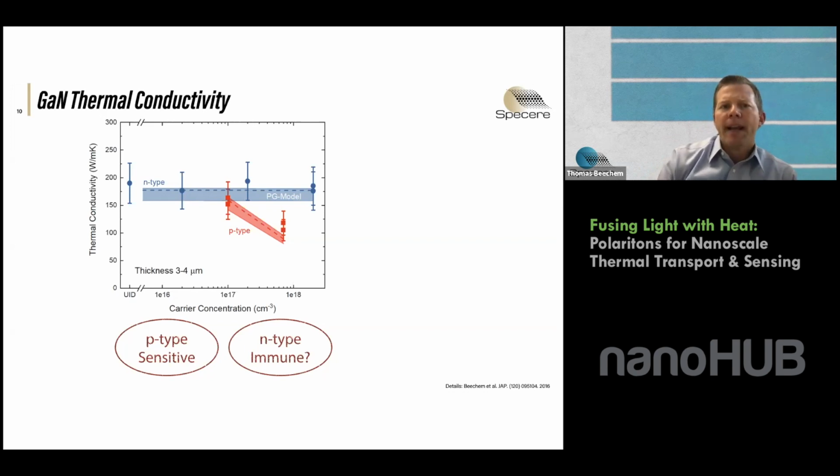And when you try to justify the use of gallium nitride in these power electronics, one of the things you always want to say is that it has a high thermal conductivity. Its textbook value is about 250 watts per meter-kelvin. This has been known since the late 70s, early 80s, that it's a high thermal conductivity material, about 1.5 times that of silicon.